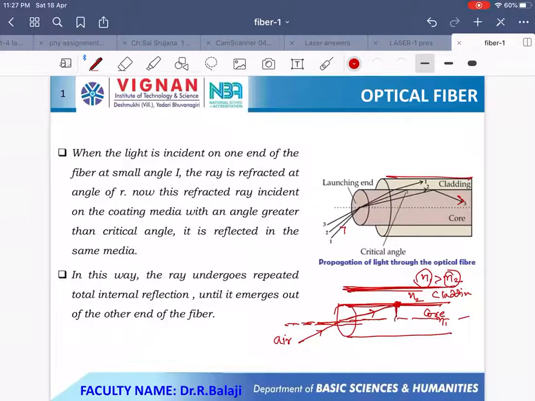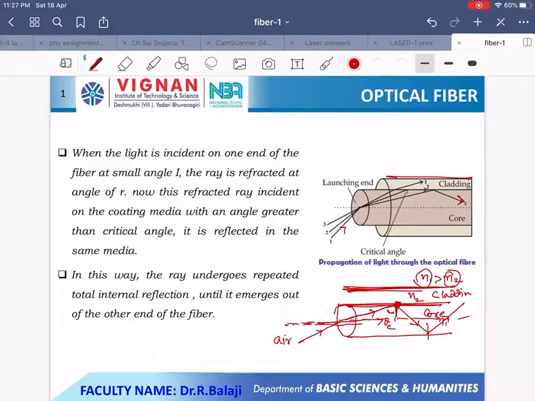Suppose this incident angle is more than the critical angle, then the ray reflects in the same media. Here also the incident angle is more than the critical angle, so the ray reflects. In this way, through multiple total internal reflections, the ray travels from one end to the other end. This is the principle of optical fiber.